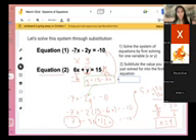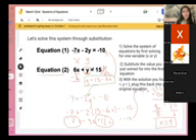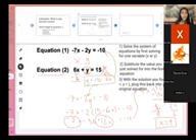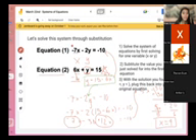So step number 3 is with the solution you found, so either x equals something or y equals something, plug this back into your original equation. And it could be either equation 1 or 2. I'll just do equation 2, but you could plug it into either. So equation 2 is 6x plus y equals 15.